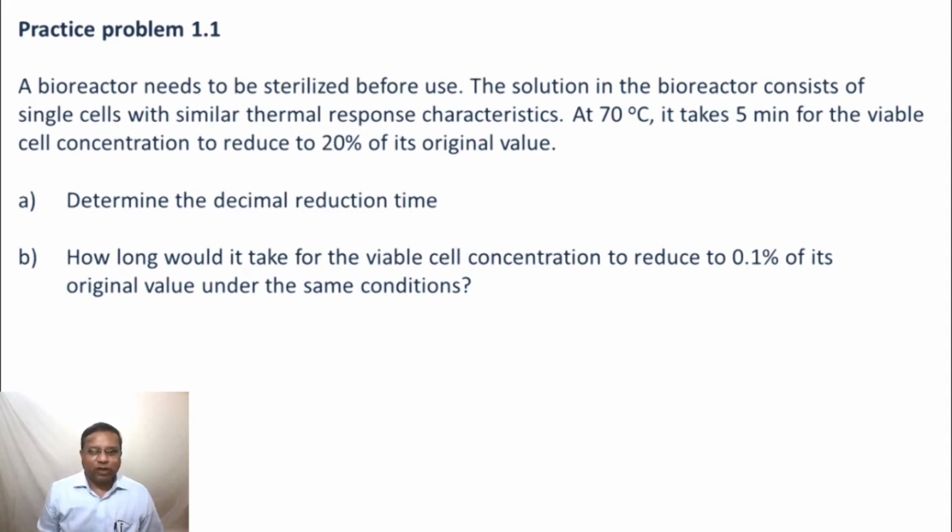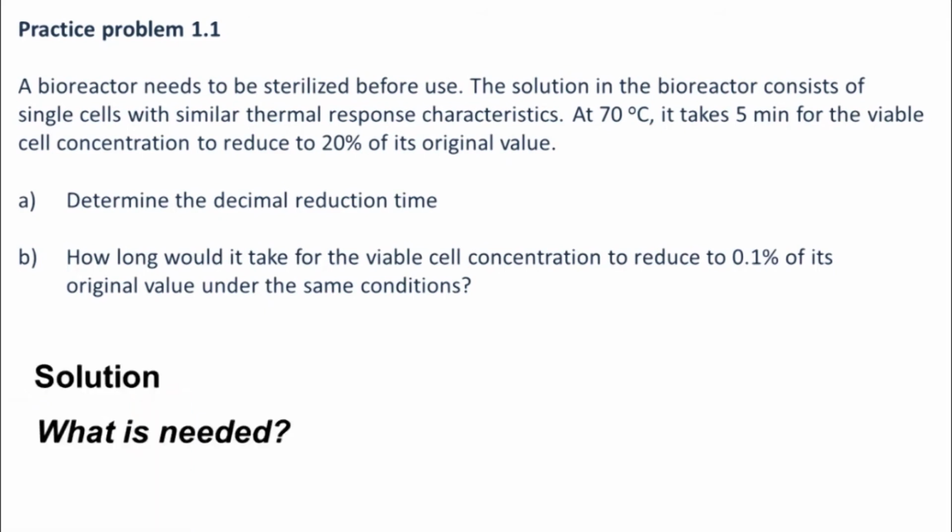The solution in the bioreactor consists of single cells with similar thermal response characteristics. Therefore, you can assume linear dependence of the log of the viable cell concentration with time, as we saw in the lecture. And also it says that at 70 degrees C, it takes 5 minutes for the viable cell concentration to reduce to 20% of its original value. Okay, having seen this, let us go about the solution.